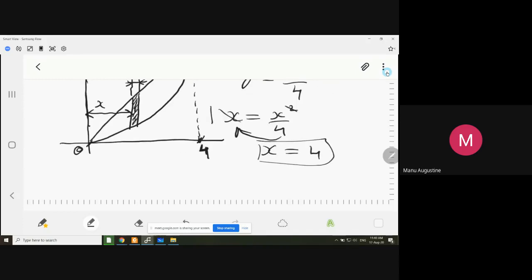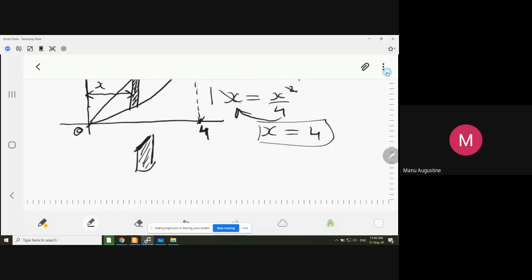Now, in all practical sense, this thin strip of area that you have selected, if enlarged and seen, will look like this. The top edge will be a slanted line. The bottom edge would be a curve. This is how this strip is going to look. But you have to take it as a rectangle.